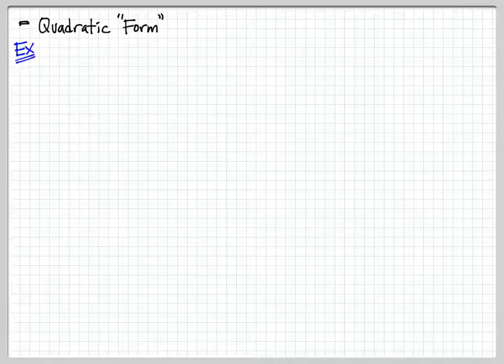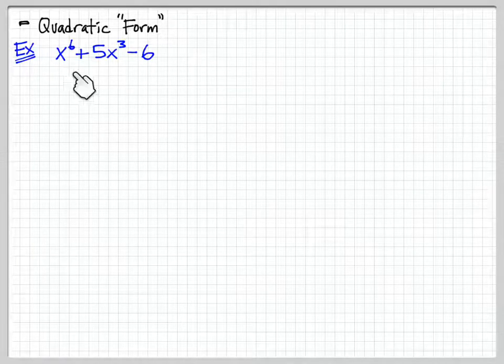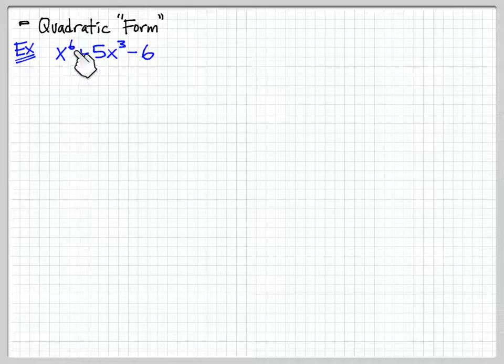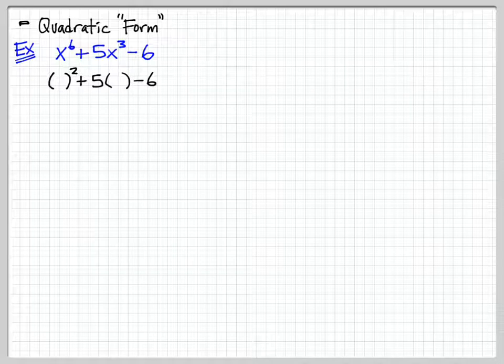Okay, final method. The final method is what we call the quadratic form. What it is, we start with 3 terms, and we notice that there's this pattern here where x to the 3rd, and we have x to the 6th here. 6 is twice of 3, so we can turn it into a quadratic form.